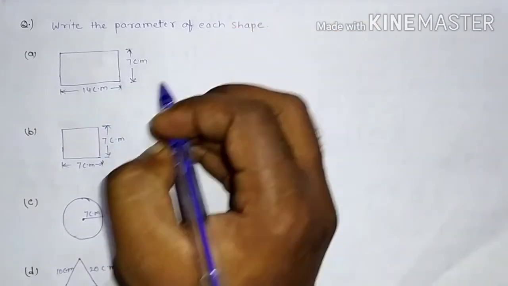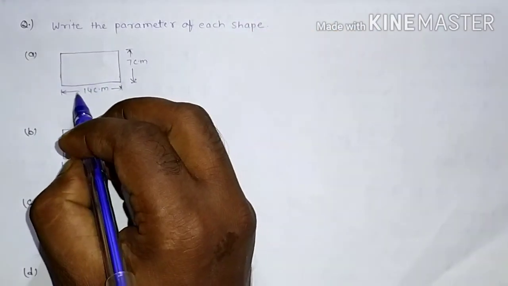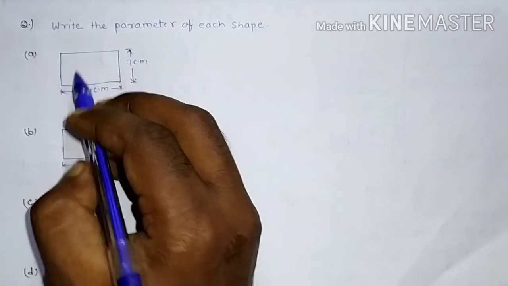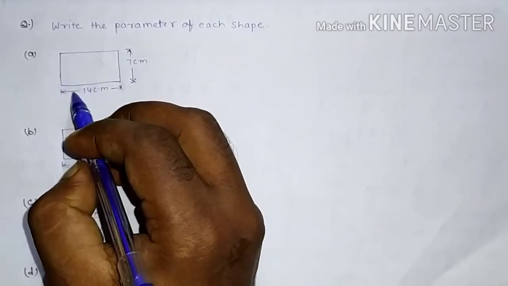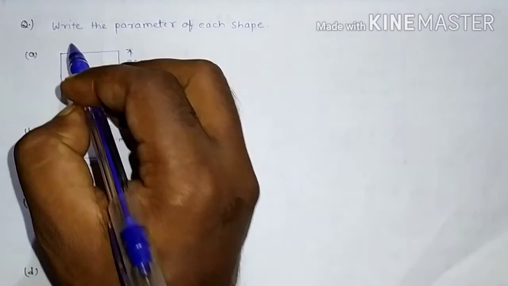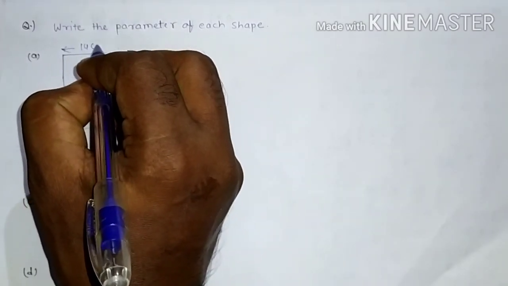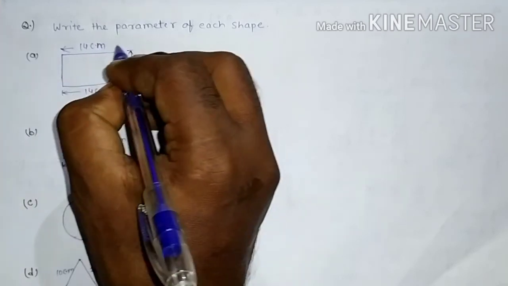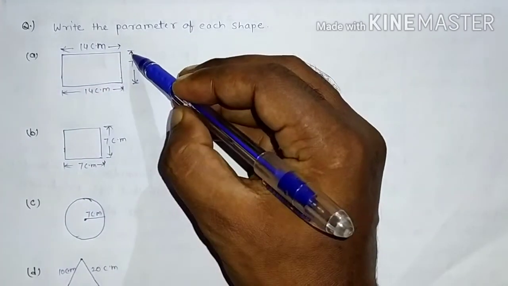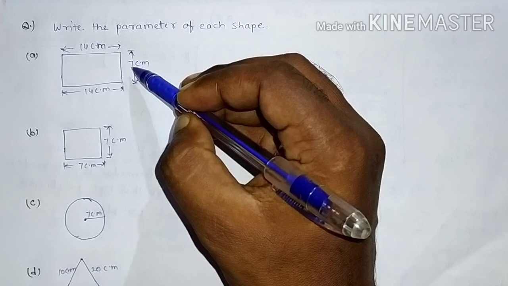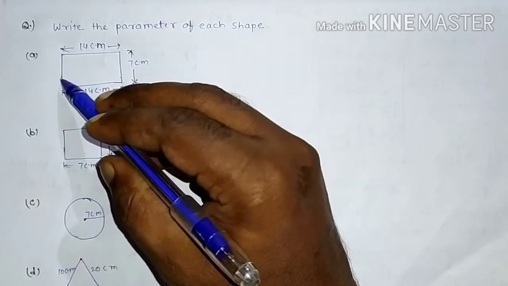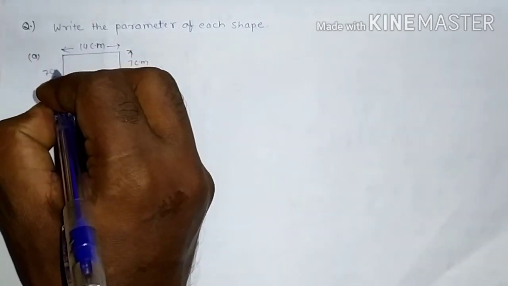So simply we know that opposite sides are equal. That means this is 14 centimeter. It will be also 14 centimeter. This one is 7 centimeter. That means opposite sides are equal. So it will be also 7 centimeter.